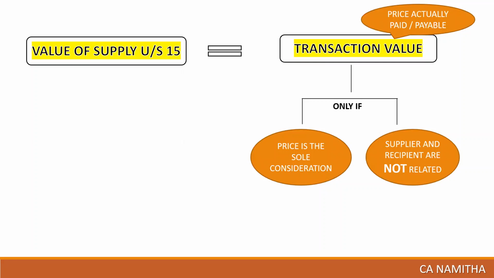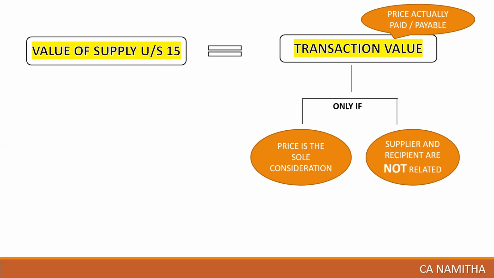It is equal to transaction value only if these two conditions are satisfied. The first condition being price is the sole consideration for such supply, and second, very important condition being supplier and the recipient of such supply are not related. Let me repeat, supplier and recipient of such supply are not related.